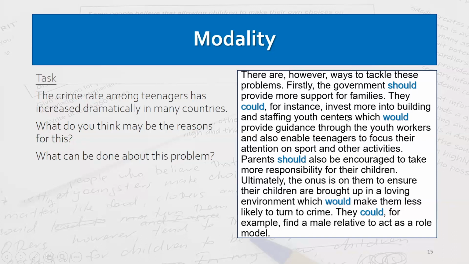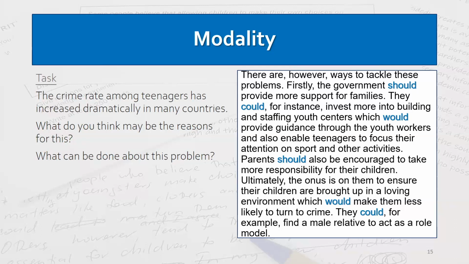Like for example, the writer here is proposing investing more into building and staffing youth centers. This is the suggestion that the writer is proposing.